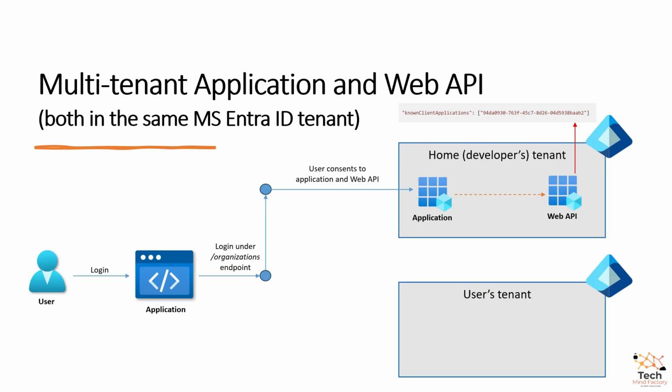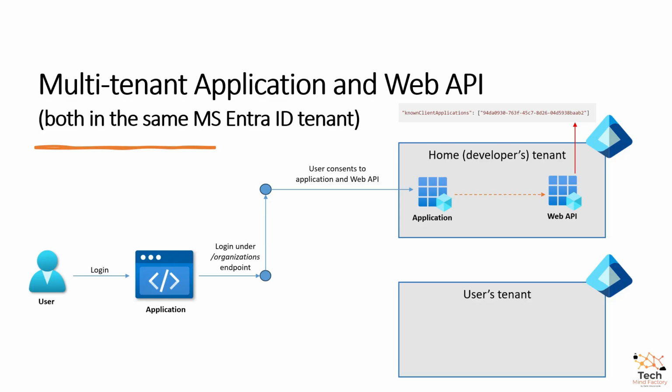The easiest one is to declare the client ID of the application in the web API manifest in Entra ID under non-client applications. So here we open the web API manifest in Microsoft Entra ID. There is a section, or property to be more precise, called non-client applications.